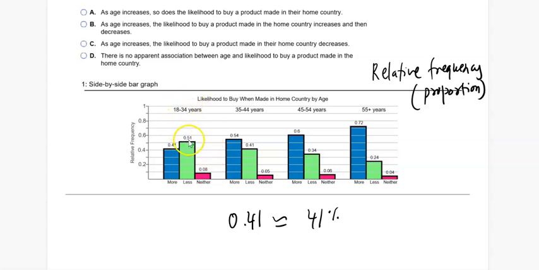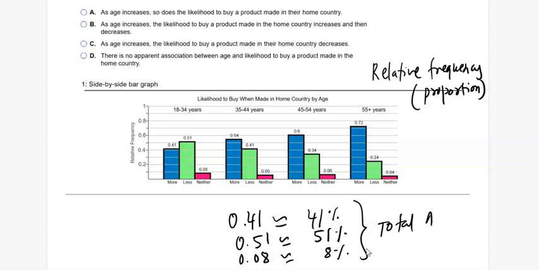Similarly, in that age group, 0.51 proportion of the people are less likely to buy. 0.51 is the same as 51%, and 0.08 as a proportion, which is the same as 8%, is neither. If you add 41, 51, and 8, you get a total of 100%, obviously.